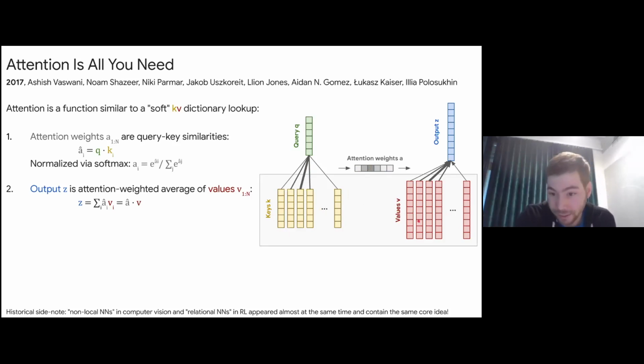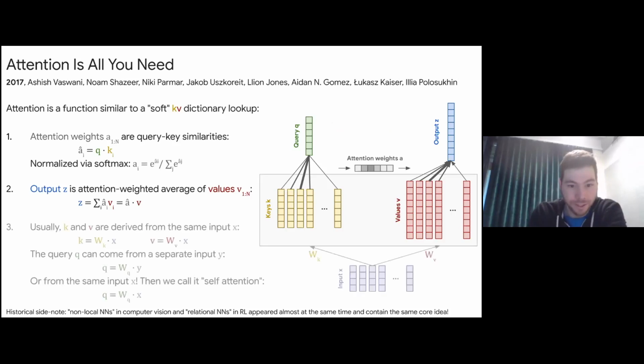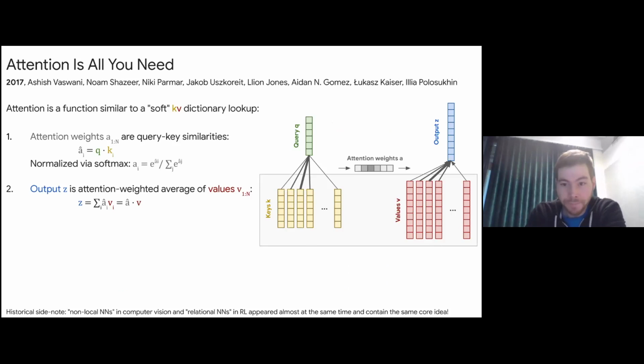And then when we take the weighted sum of these values, we are actually averaging the 3 value vectors, which correspond to these 3 very relevant keys. And so the output is the average of these 3 values. And this is where the soft part comes in. And this is what even allows us to learn all of this with backpropagation. Okay, so this is the attention mechanism in a nutshell, or like the core part of the attention mechanism.